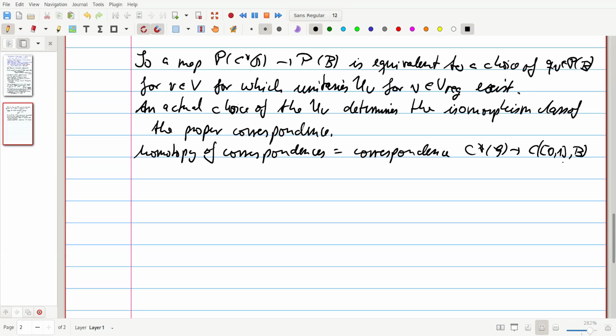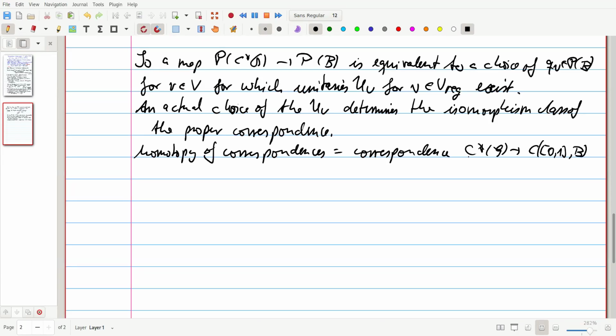So if you have homotopic projections, they are Murray von Neumann equivalent. So actually, if you have homotopic correspondences, they will induce the same map on P of C star G to P of B, meaning that these vertex projections are really staying the same or only changing up to equivalent things.